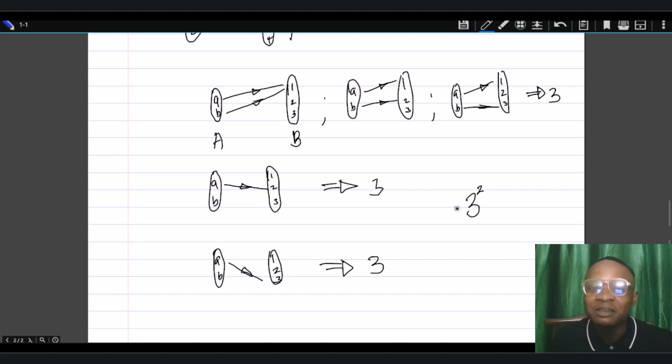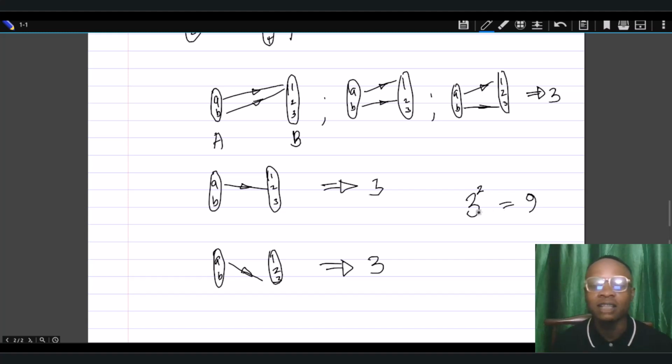So you already have an idea that if we were to develop a formula for getting the possible number of functions we can have from a combination of two sets, then it should be the number of elements in the codomain, 3 here, raised to the power of the number of elements in the domain, raised to the power of 2. Of course, this will give us 9.